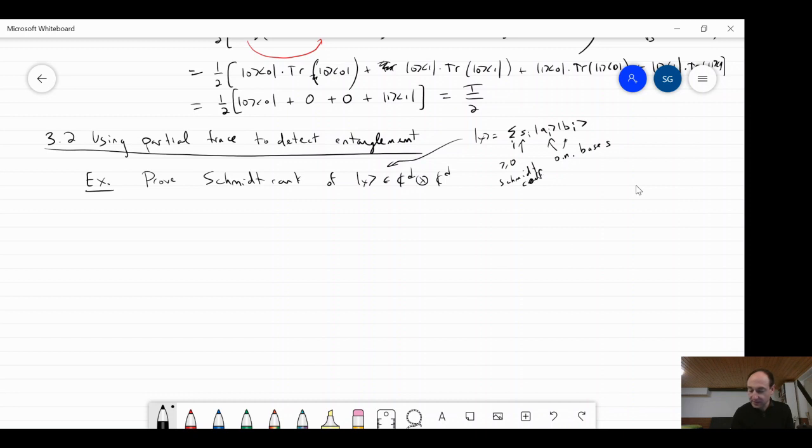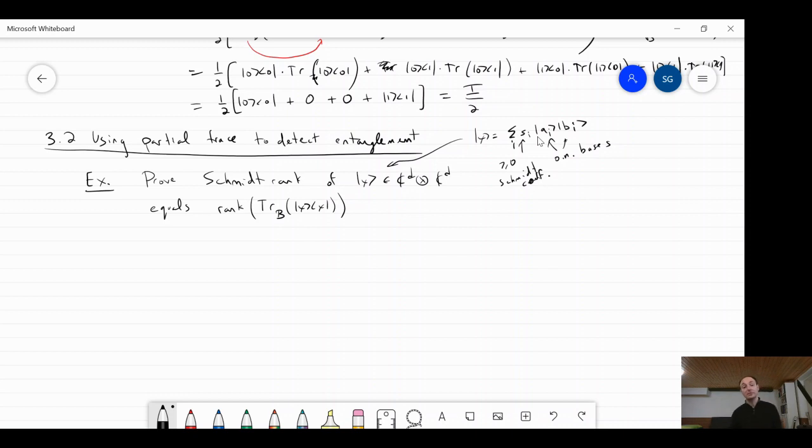Okay, and we said that your state is entangled if and only if the number of non-zero s_i was strictly more than 1. So now prove to me that the Schmidt rank of the state psi equals the rank of the reduced state, meaning the trace out of B of |psi><psi|.